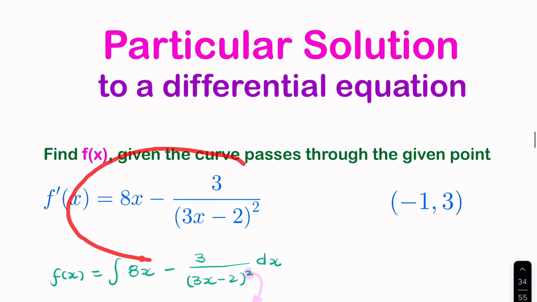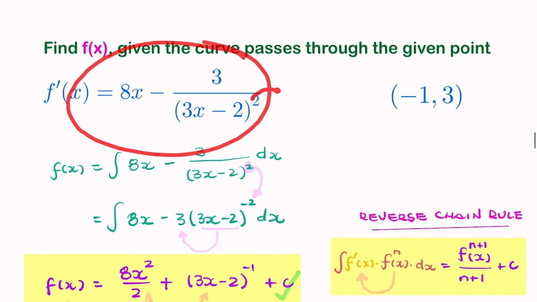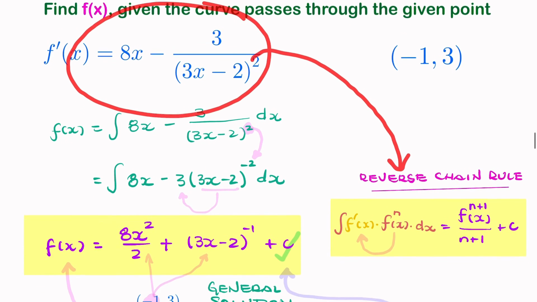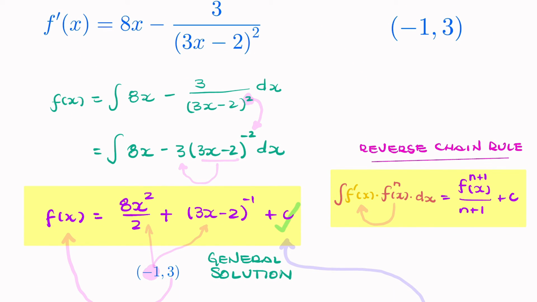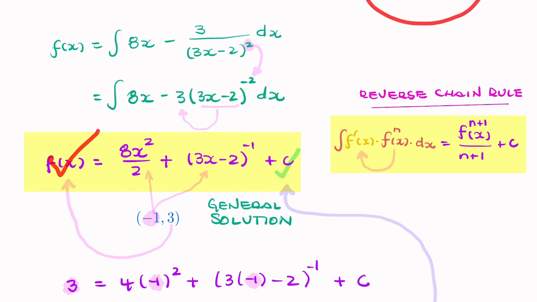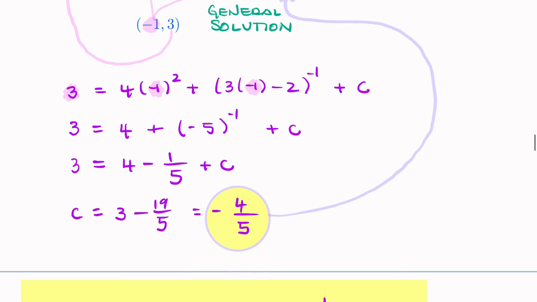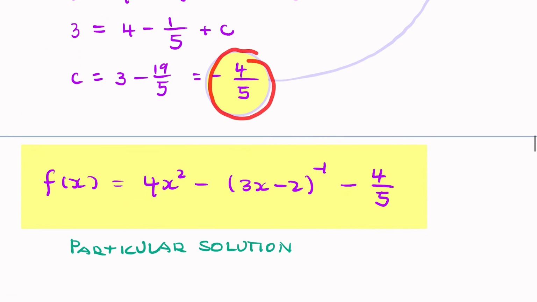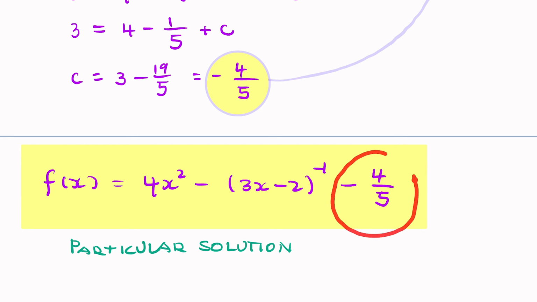We first integrated this, and we needed to use the reverse chain rule. After doing that, we substituted the coordinates that we were given in f of x and x. We rearranged to find the value of c, and then we put the value of c into the general solution to find something that we call the particular solution. So that's the value of f of x.